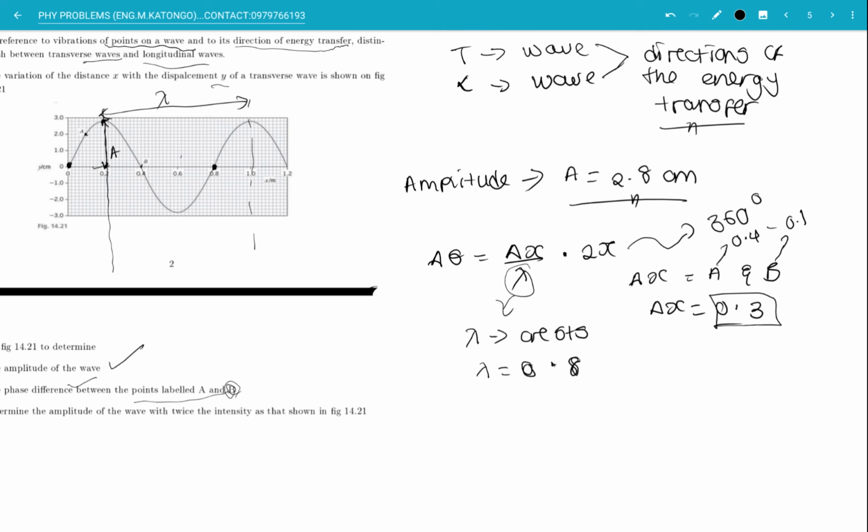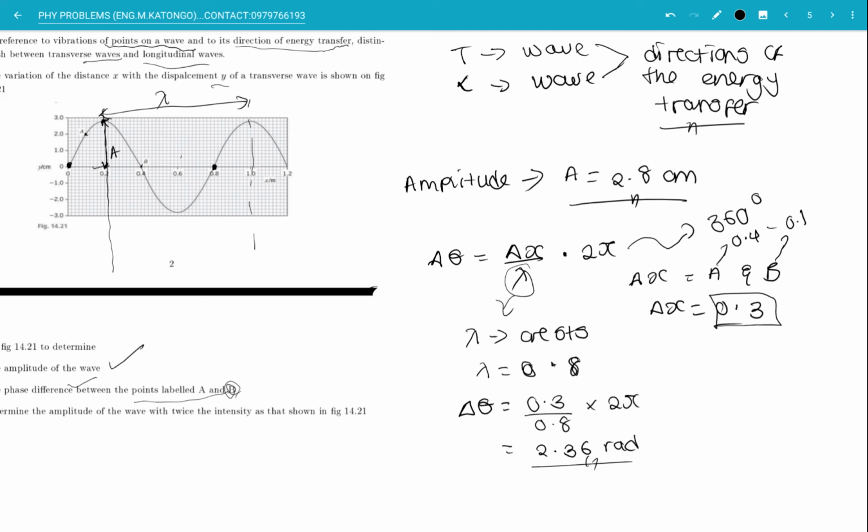Finding our phase difference, it will be obtained as 0.3 over 0.8 times our 2 pi, hence having it as 2.36 rad. This can also be obtained in degrees.